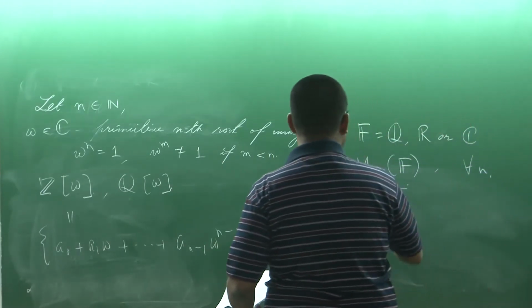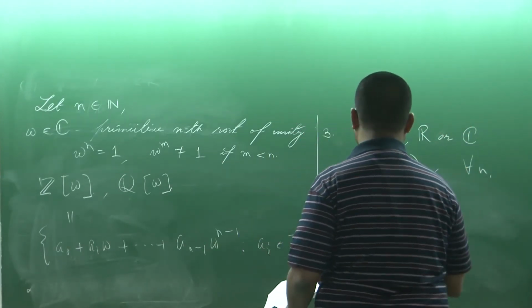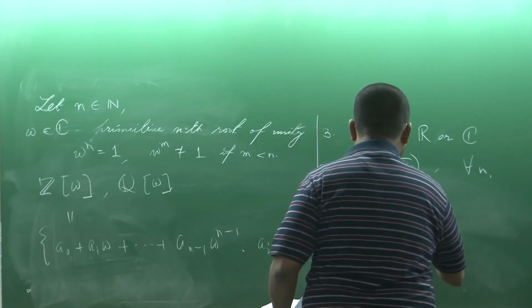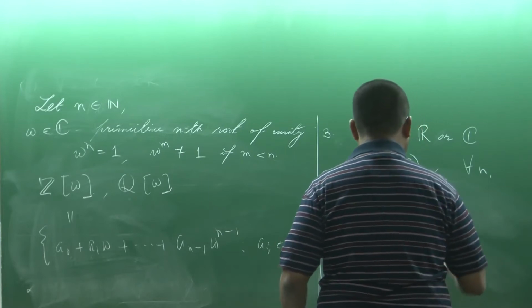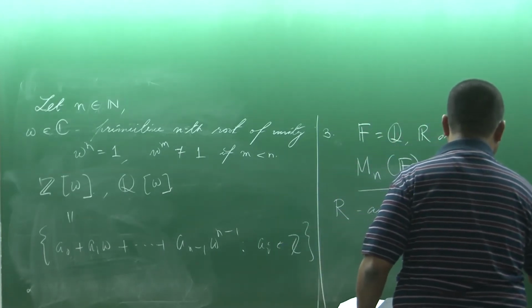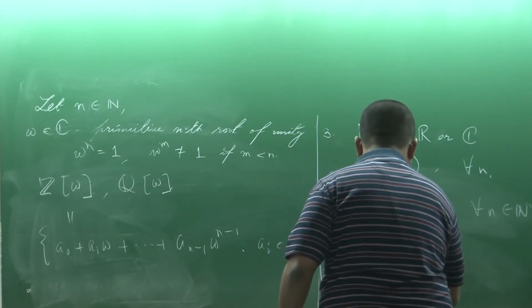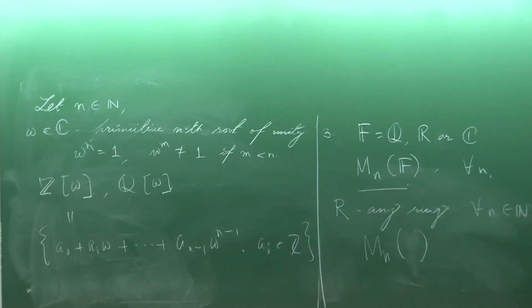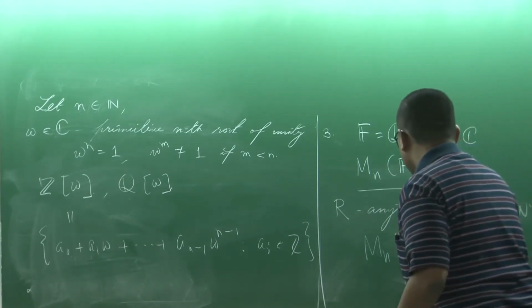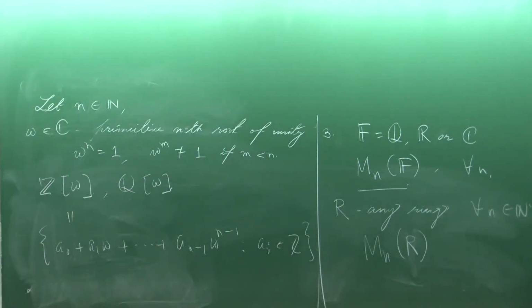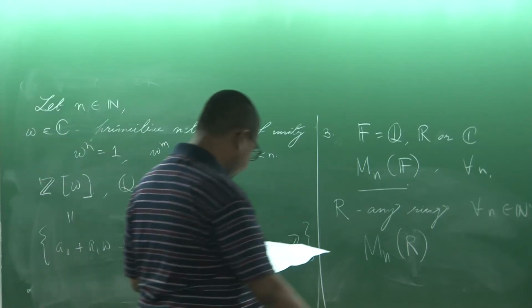In fact, we do not even have to consider F to be this. If R is any ring, then for any natural number n, M_n(R) also forms a ring, that is the collection of all matrices with entries from R, and the operations are the usual addition and usual multiplication of matrices, okay.